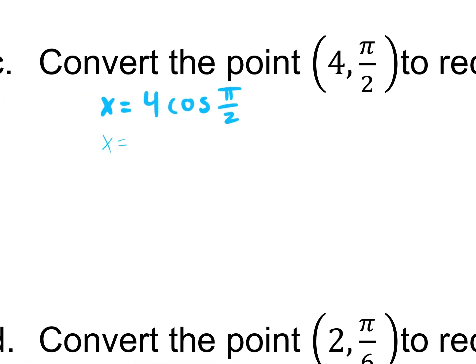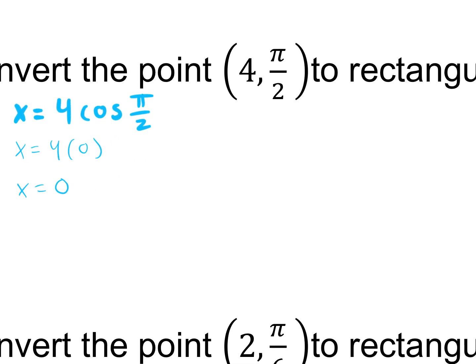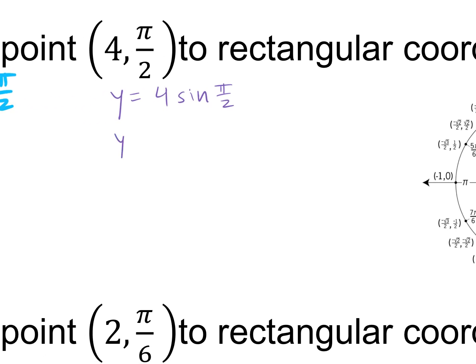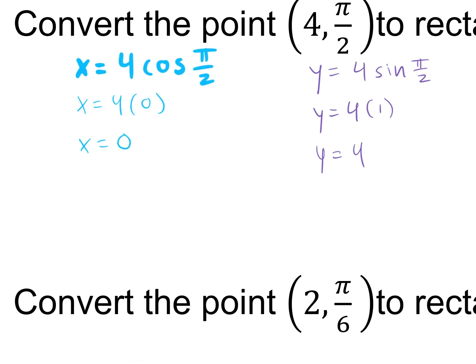So this would be 4 times 0, which is 0. Let's do the same thing for y. Y is equal to 4 times sine of pi over 2. What is sine of pi over 2? 1. So y is equal to 4 times 1, which is 4. So our point would be 0, 4.